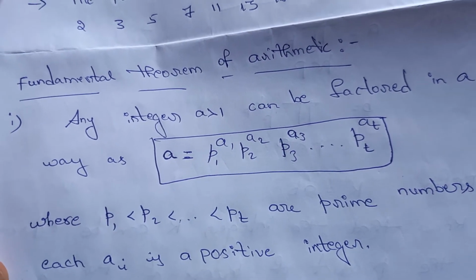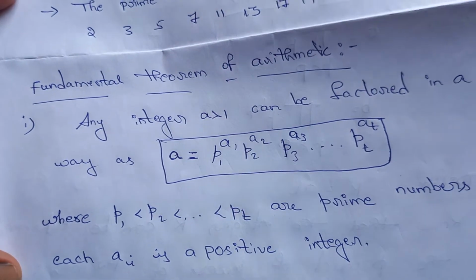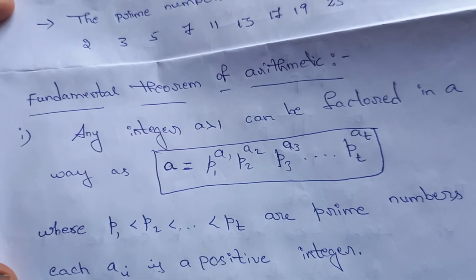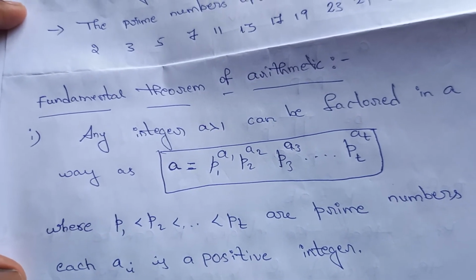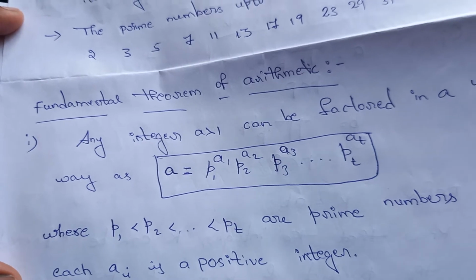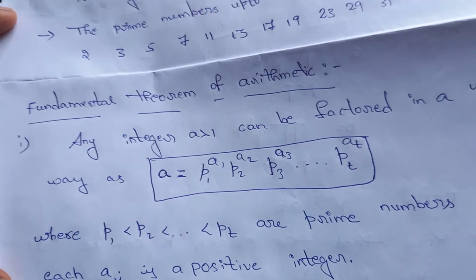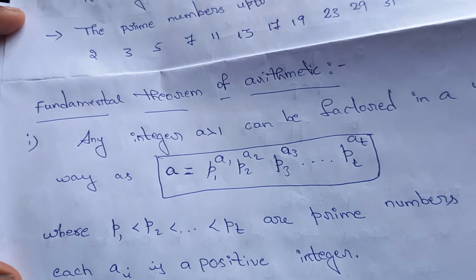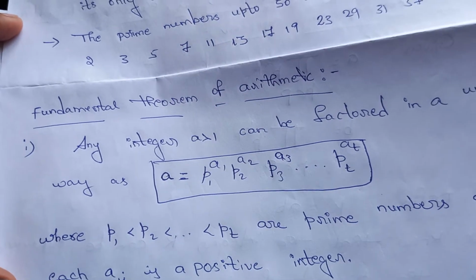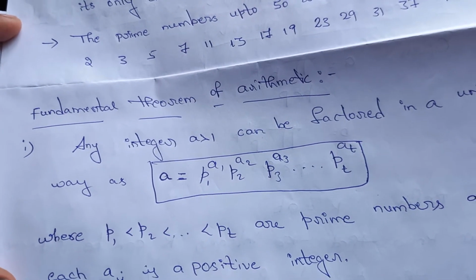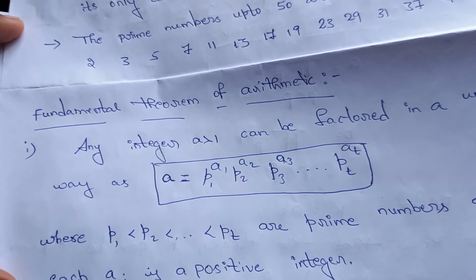So you can consider a1 value as 1, a2 value as 2, a3 value as 3; you can take any positive integer. The p1, p2, p3 must be prime numbers. By multiplying all these prime numbers, p1 power some positive integer, into another prime number power some positive integer, that must be equal to the given number.